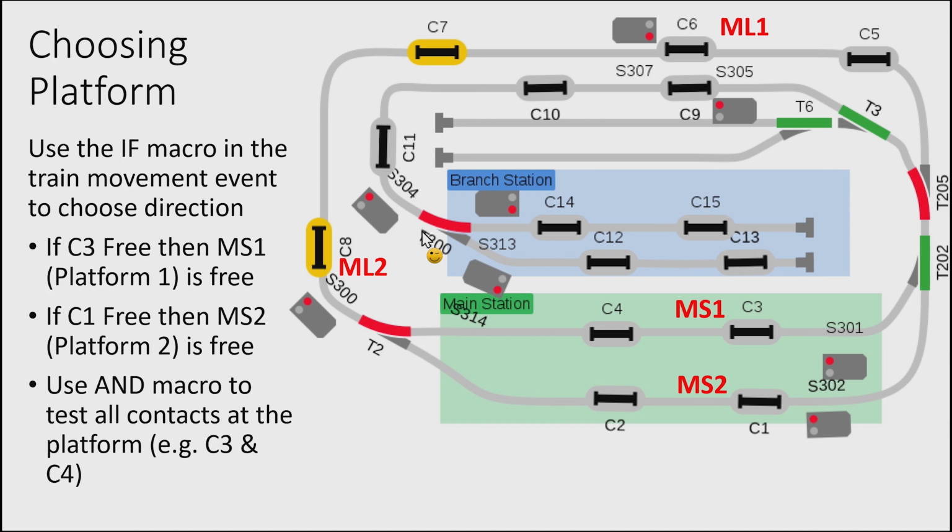We do this by checking contact C3, is it free? So we assume if contact C3 is free, then platform 1 is free, hence we can drive to MS1. In the same fashion, I can also check whether or not C1 is free. If C1 is free, we assume that platform 2 is free, and we can drive to MS2.